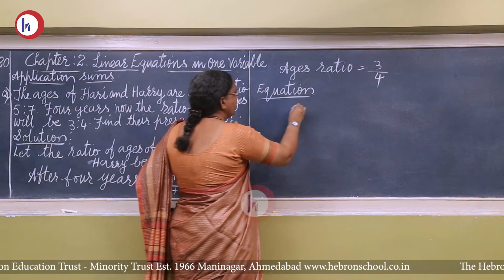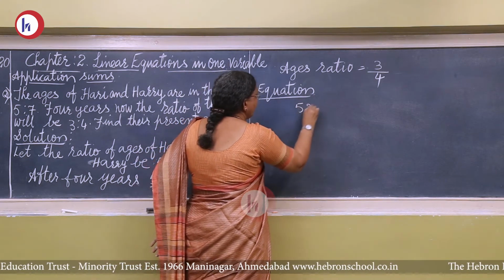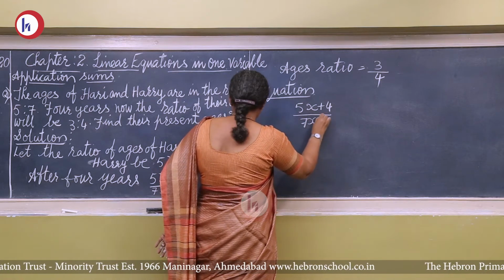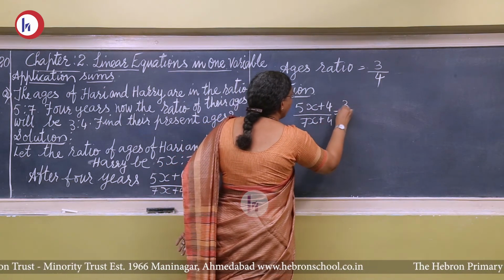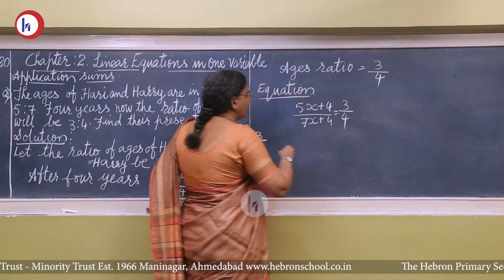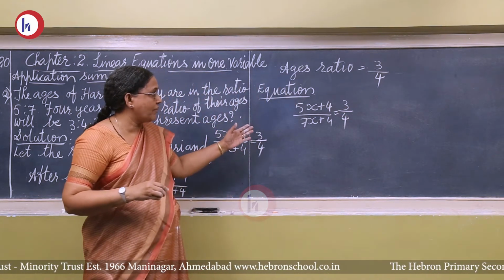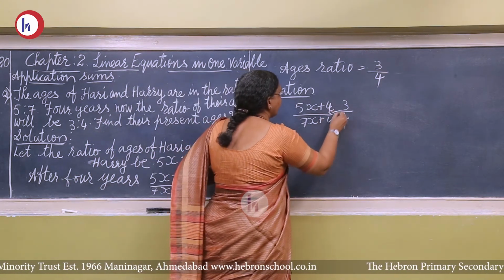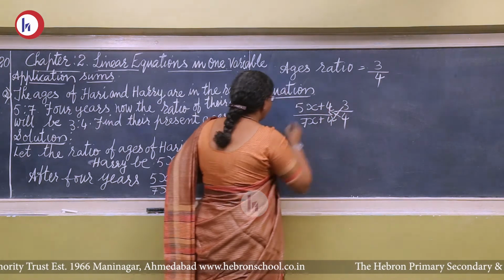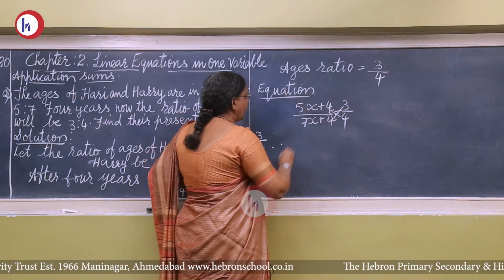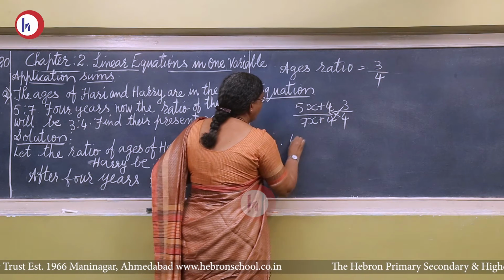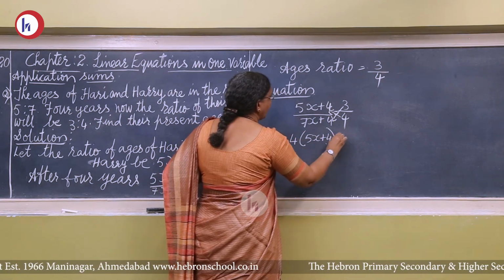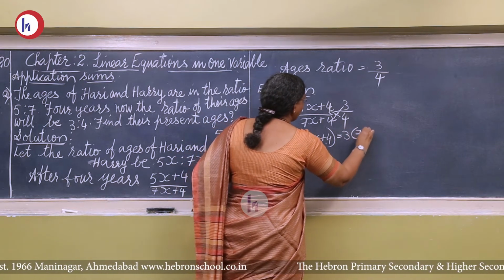Now we found the equation: 5x plus 4 upon 7x plus 4 is equal to 3 upon 4. And we already learned how to solve this equation by using cross multiplication. So 4 multiplied with this number and 3 multiplied with this number. Therefore, you will get 4 multiplied by 5x plus 4 is equal to 3 into 7x plus 4.